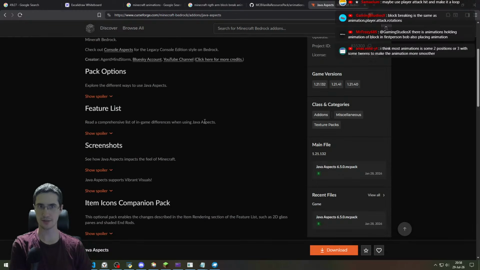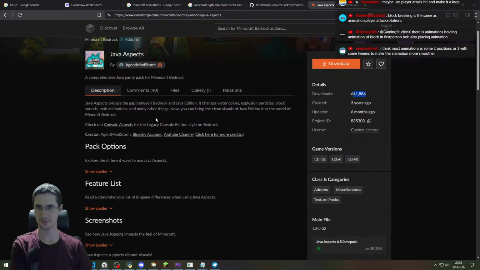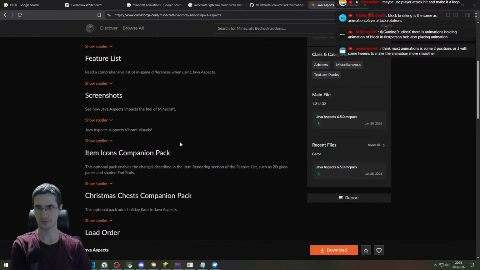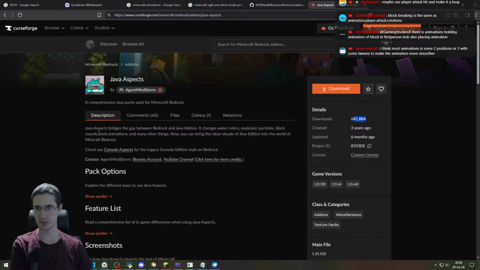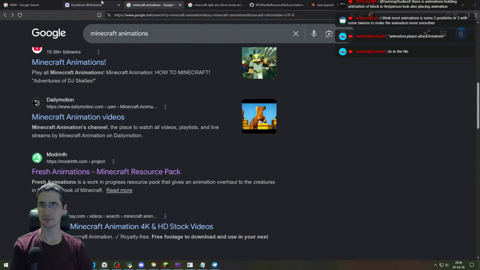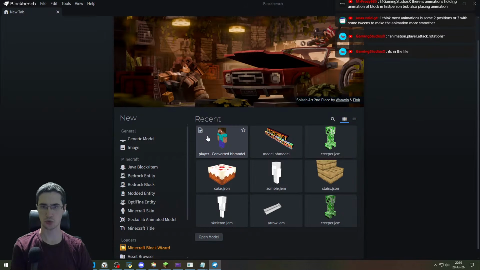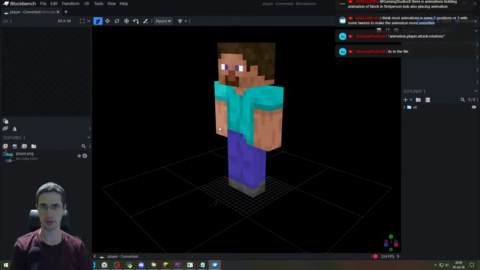What about this? You can download it. But it doesn't say, it just says mob animations. I don't want to spend time looking through it and to not have hand animations. We can try in Blockbench to do the animation.